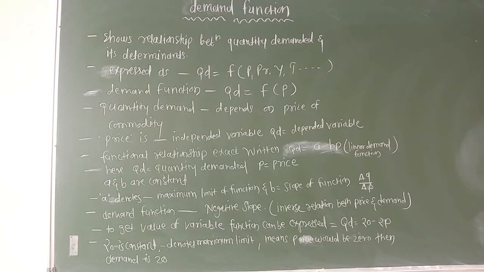Students, in the previous lecture we have already discussed the optimal choice of the consumer, which is also known as utility maximization or the consumer's equilibrium. All of you know, in economics it is generally assumed that the consumer is a rational individual, meaning he knows what is good and what is bad for him or her.